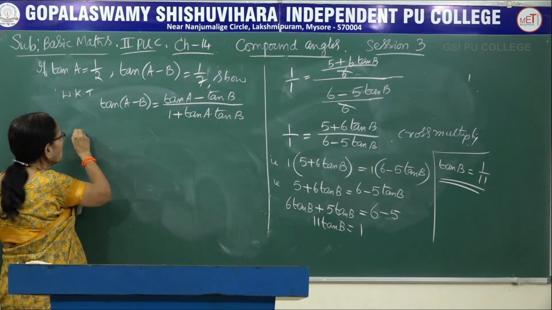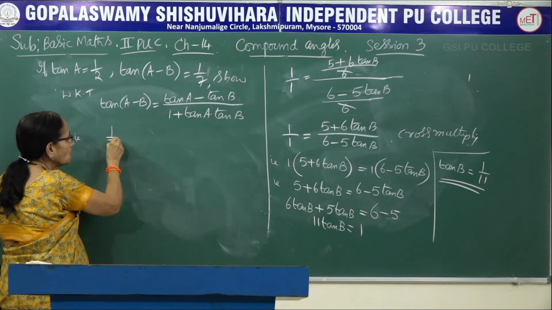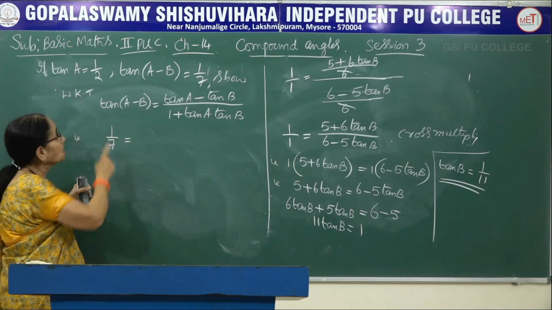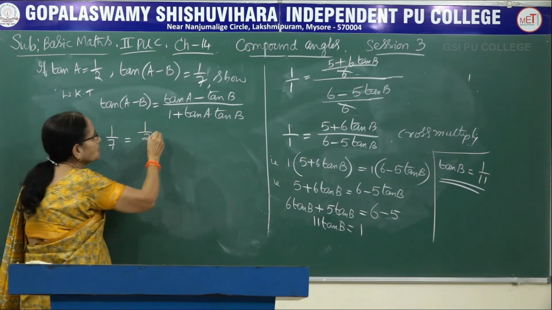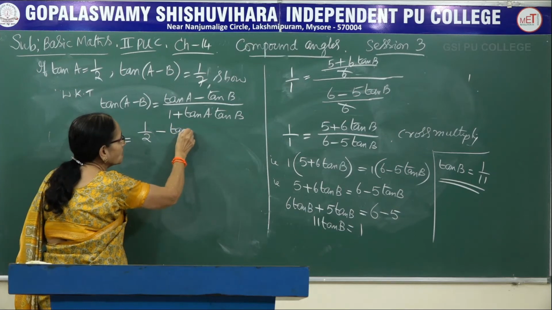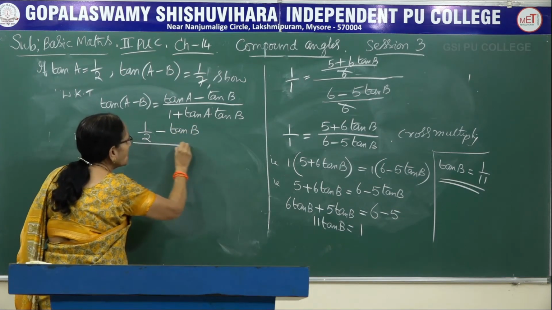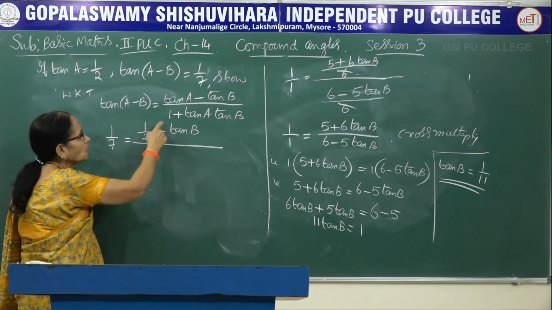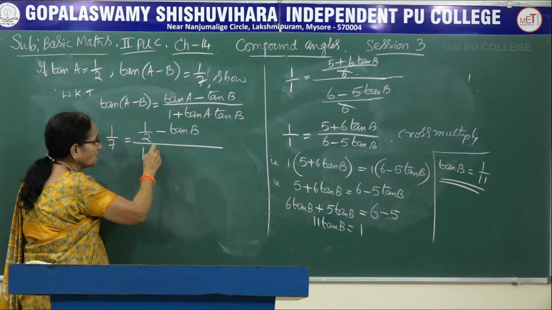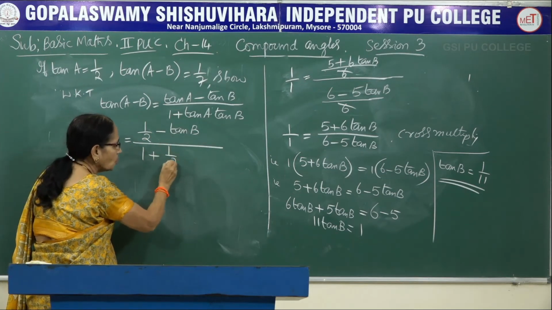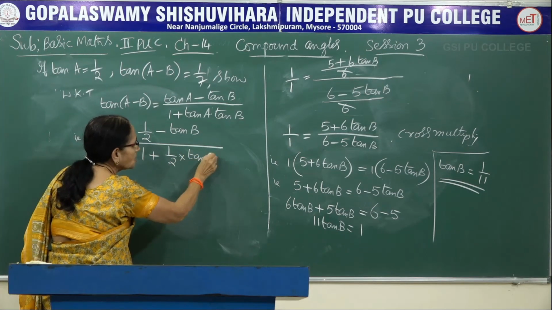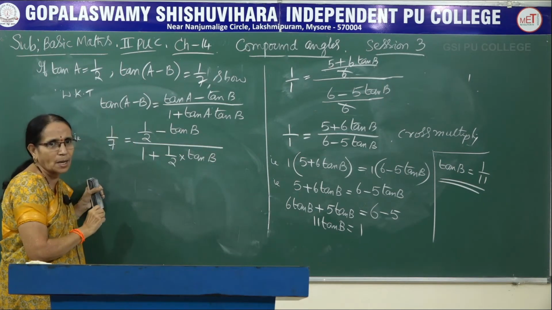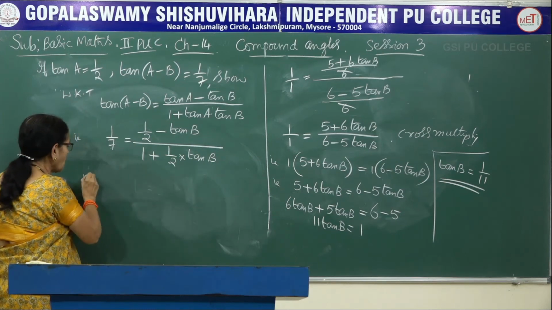What is tan of A minus B? It is given 1 by 7. What is tan A? That is also given 1 by 2. Tan B is an unknown number. Write it tan B as it is. Now write 1 plus tan A, which is 1 by 2, into tan B. Now let me write it properly.